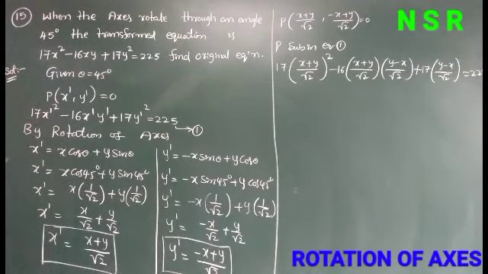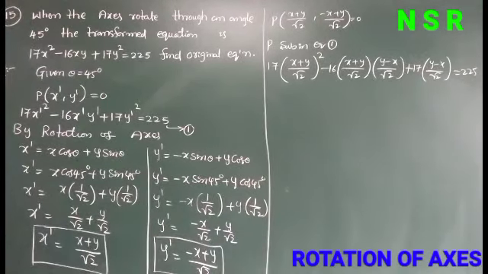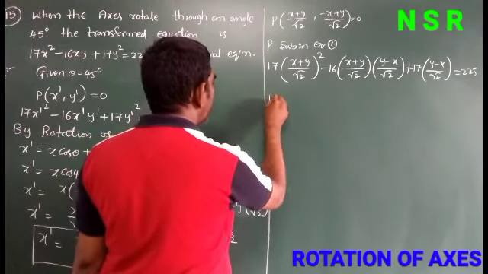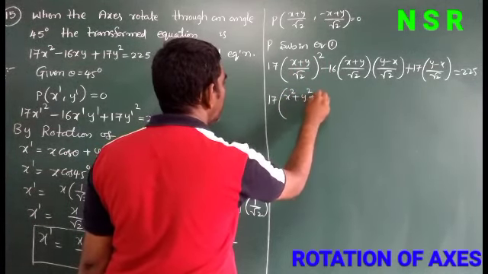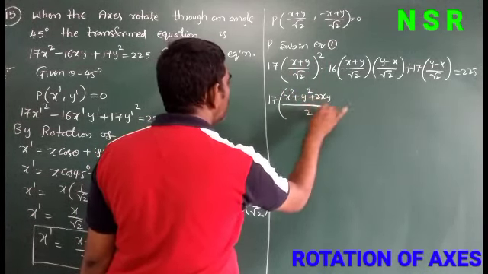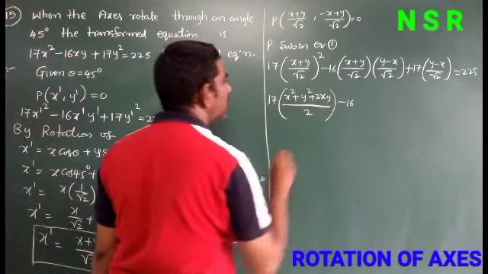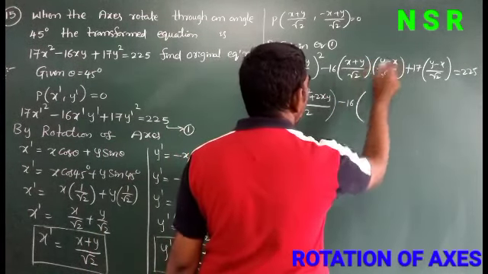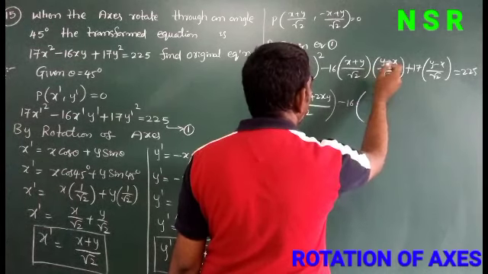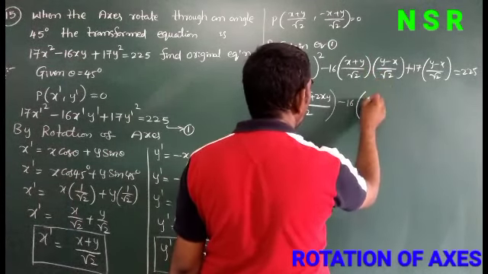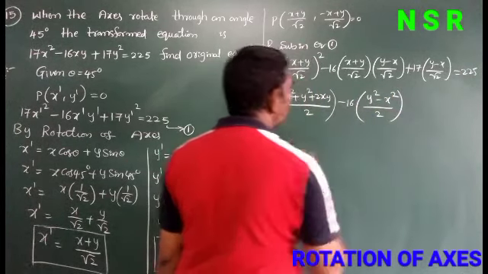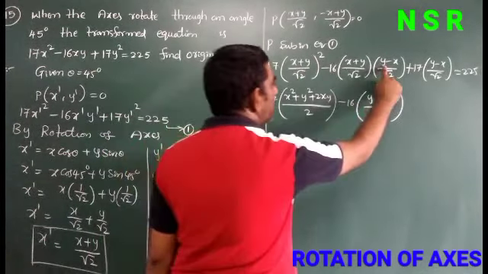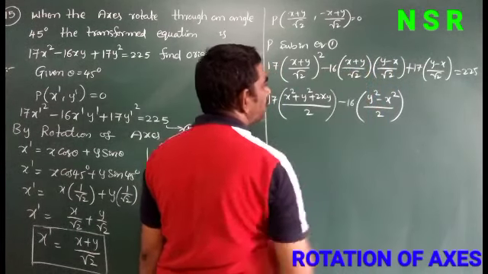Now simplify it. Apply the a plus b whole square formula: 17 into a square plus b square plus 2ab, with root 2 square being 2. Minus 16 into a plus b into a minus b, that is a square minus b square, which is y square minus x square, with root 2 into root 2 being 2.